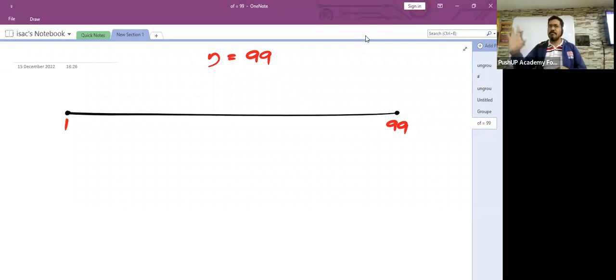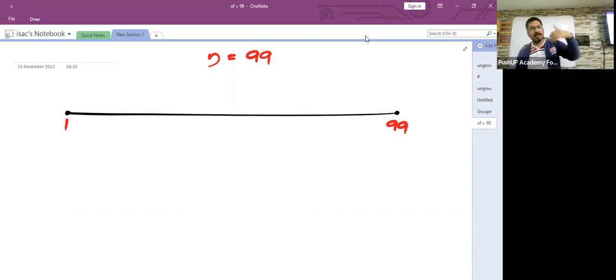And towards the right hand side of 50, 51 to 99, how many numbers are there? 49, isn't it? Is there anybody who applied the formula and then solved the sum? Who all gave me the answer without using any formula? Very good.